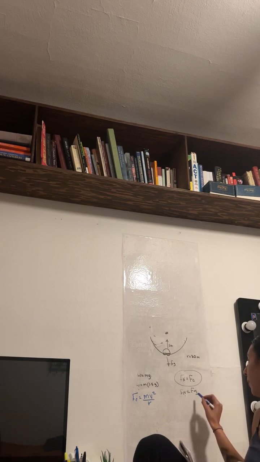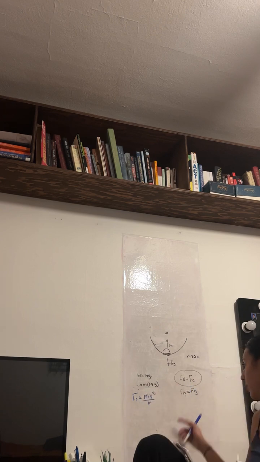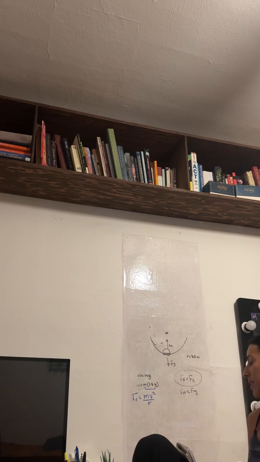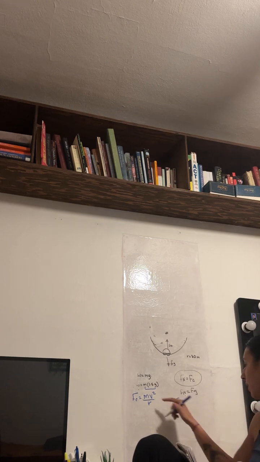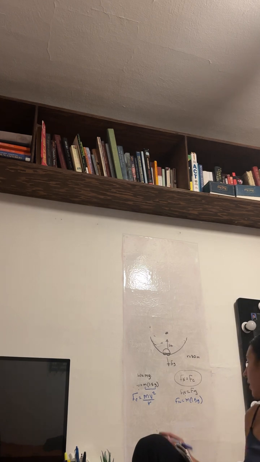But remember, our force of gravity here, m times g, is 1.5 times that of gravity. So Fn is going to be equal to not m times g, but m times 1.5 g. And remember, our centripetal force is equal to our normal force. So here, we can set these two equations equal to each other.